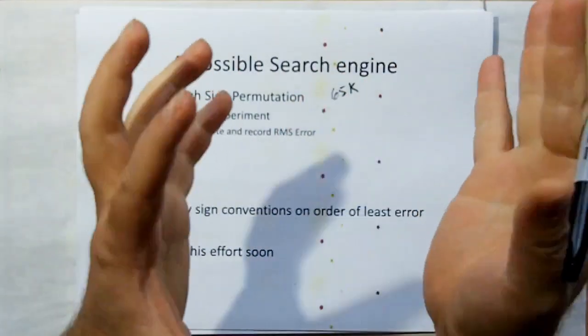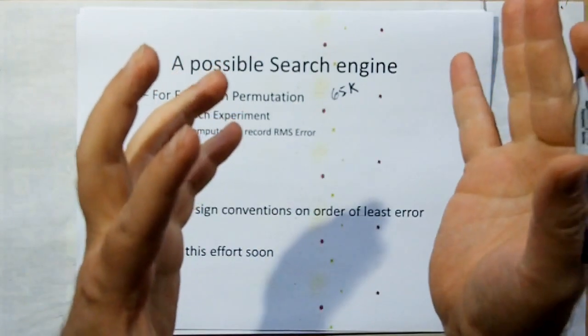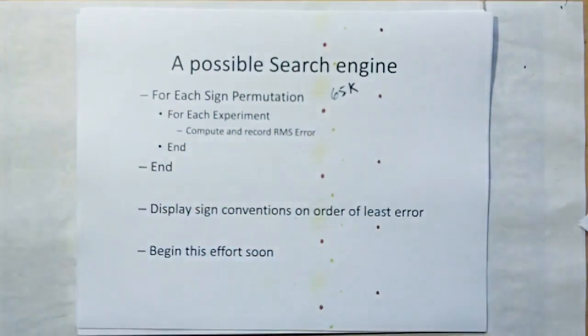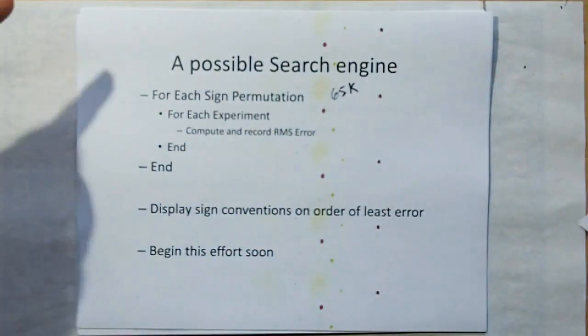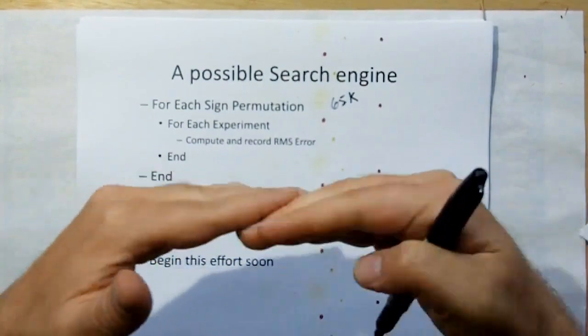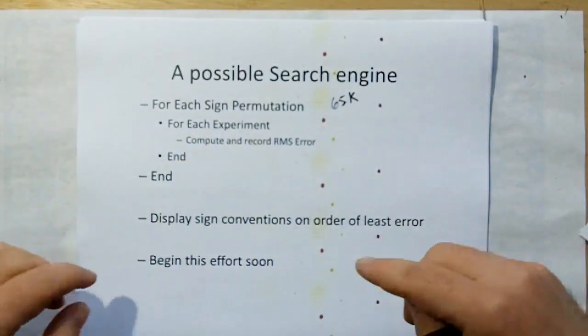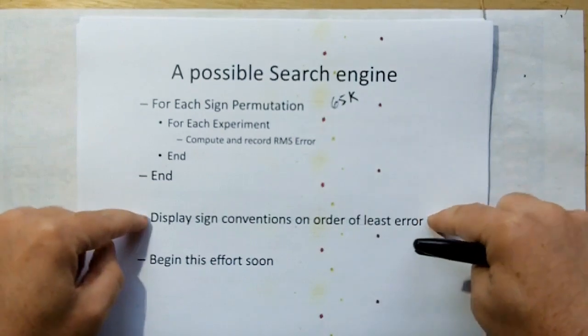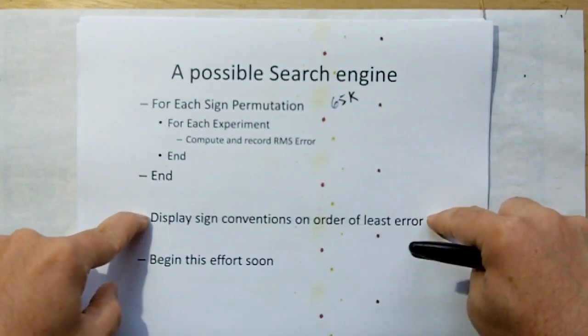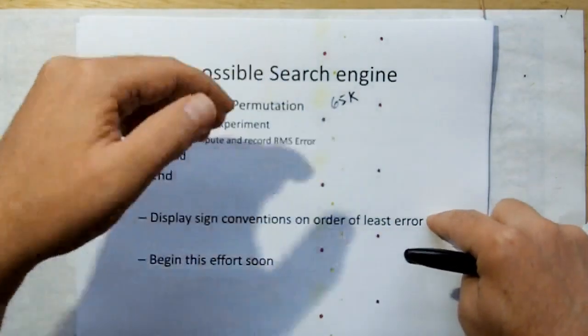We'll pick a suite of experiments, use a particular sign permutation, compute the results of an experiment, and see how those results agree with real experimental results. We then arrange all the different sign conventions in order of least error in predicting the output of the experimental results. And then we can probably narrow it down to which one best mimics nature.